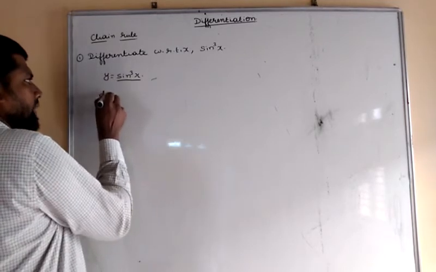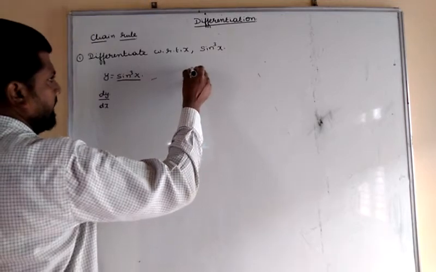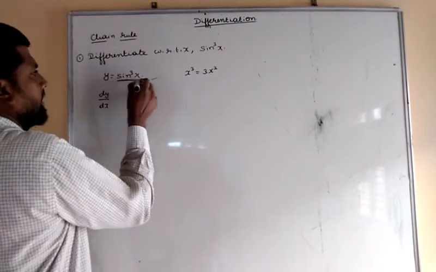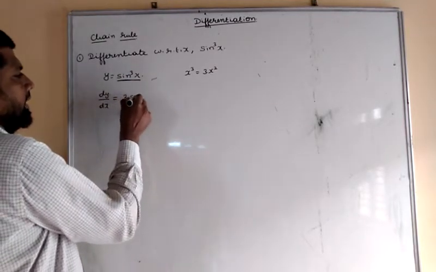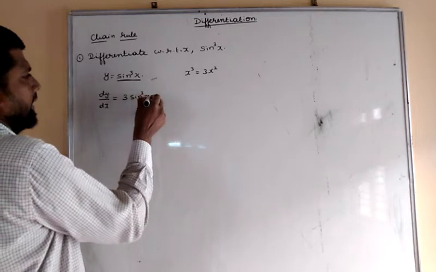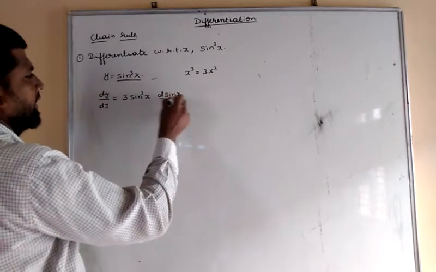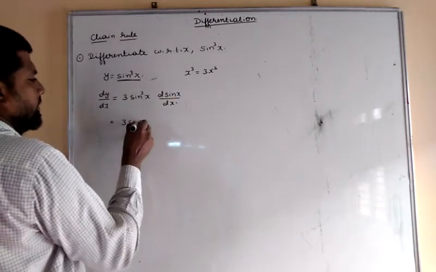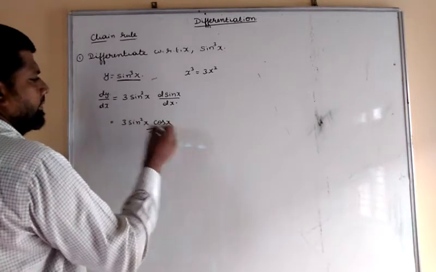Differentiation of y with respect to x: x to the power of 3 differentiation is 3x square, so in the place of x, sine is there, so 3 sine square x. Again, let us differentiate sine x. Then 3 sine square x, and sine x differentiation is cos x.